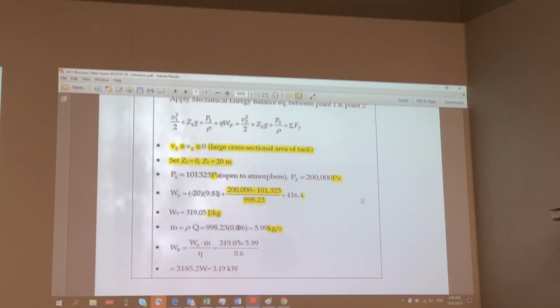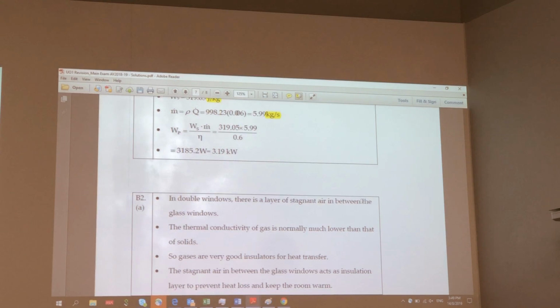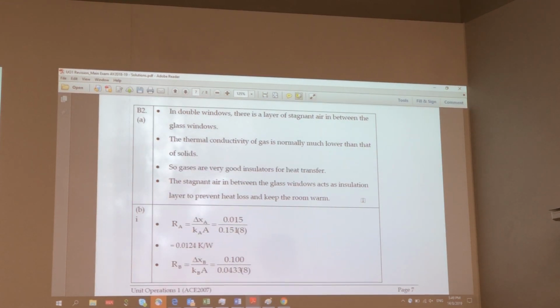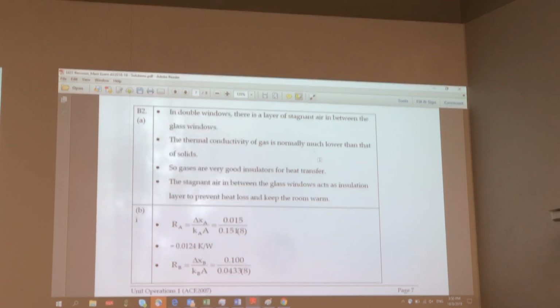The last one, B2, is the heat transfer question. B2A asks why in certain countries a double window is needed. In a double window, there is a layer of stagnant air between the glass.